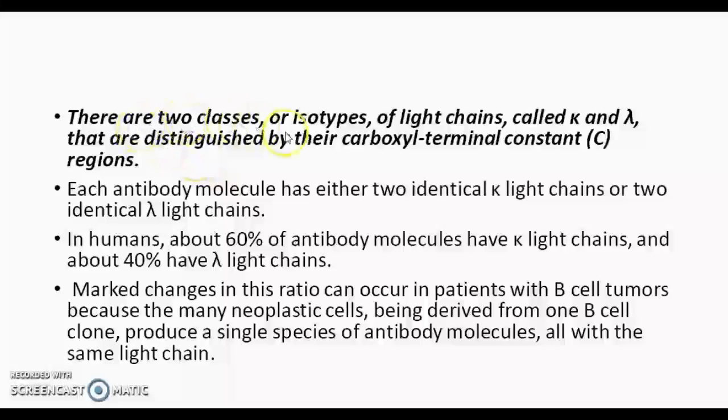There are 2 classes, or isotypes, of light chain, called kappa and lambda, that are distinguished by their carboxyl terminal constant region. In humans, about 60% of antibody molecules have kappa light chain and about 40% have lambda light chain.